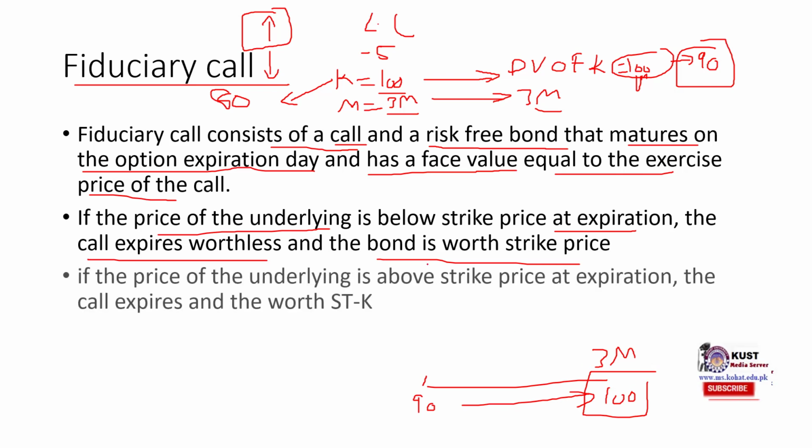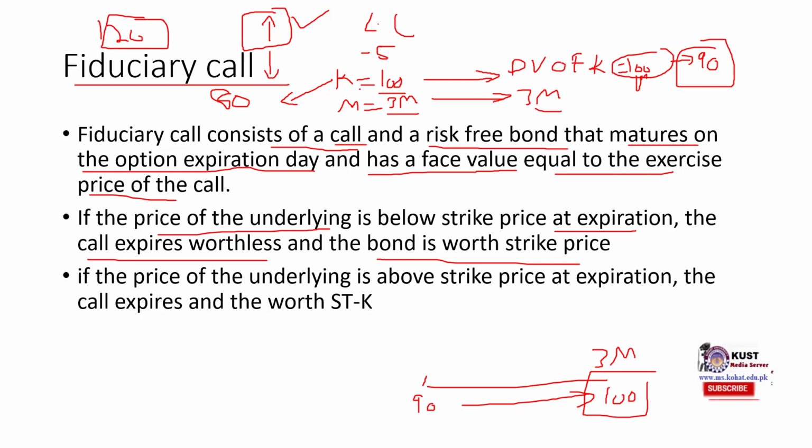What happens if the price increases? Say it is 120 rupees at the time of expiration. Then what would you do? Instead of buying from the open market, you would buy from the person with whom you have agreed at 100 rupees. You can immediately buy it at 100 and sell it in the open market at 120.